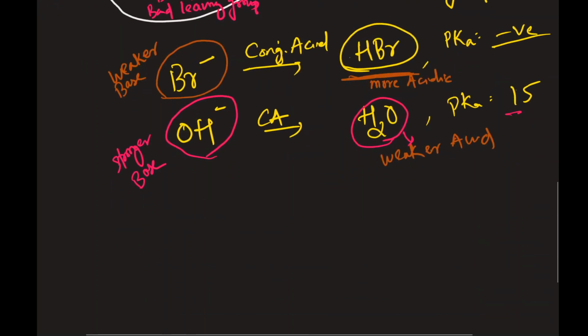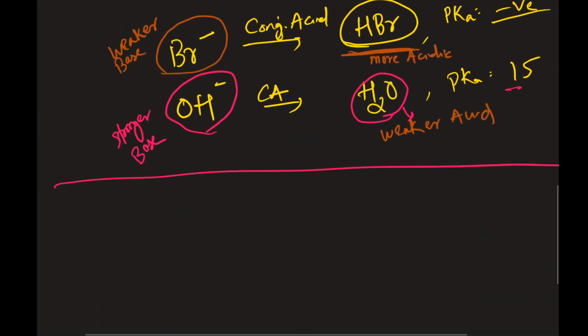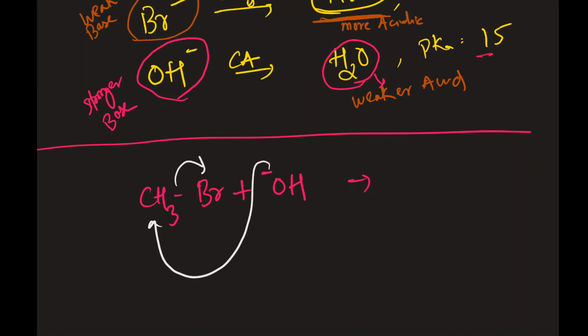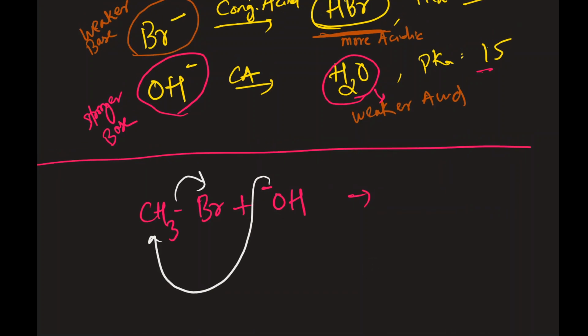What if we flip it? CH3Br plus OH minus. Can we do this reaction? Think for yourself. Based upon the same logic, OH minus is a stronger base. Stronger base means better nucleophile.